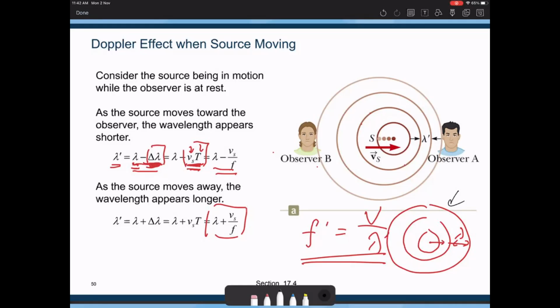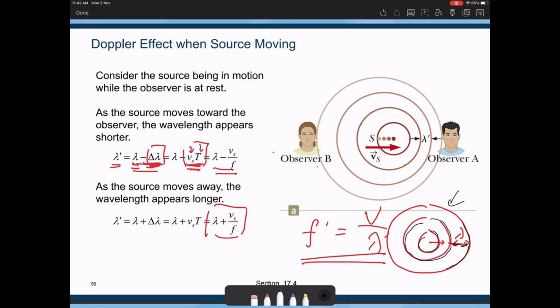So if the frequency is constant, the wavelength should be constant. That means the distance between adjacent wavefronts, they are all equal and they are all separated by the distance lambda. Well, that is the idea of one wavelength, which occurs after one single period of oscillation.